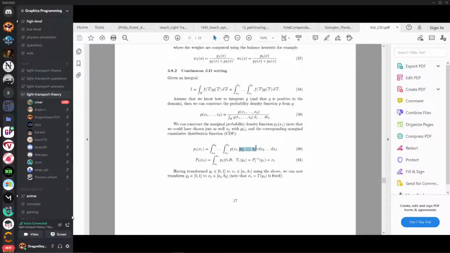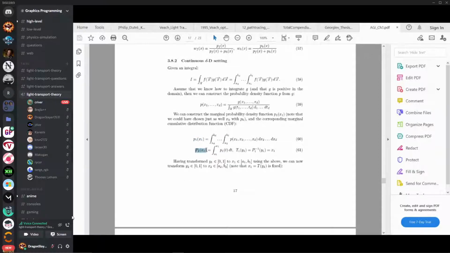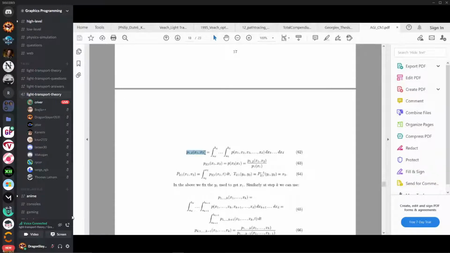I can integrate out some of the variables to get a marginal probability density function of one variable. When you have that, you can compute its CDF, and you can invert it to get this variable. Then you can get something with two variables. I won't go into much detail with that.